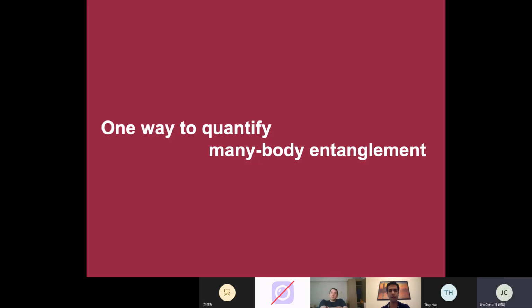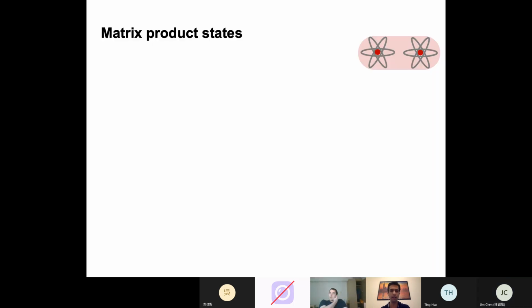So let's first look at how we quantify many-body entanglement in our work, which is by using a class of quantum states called matrix product states. So let's say we have two qubits. As we saw, their state is a vector in a tensor product space with some complex coefficients a_ij.